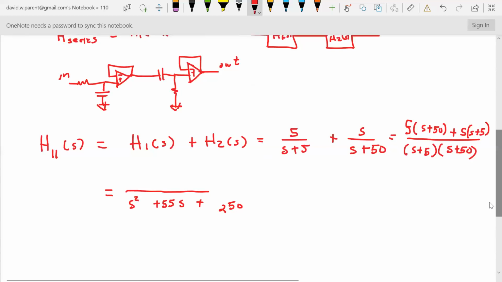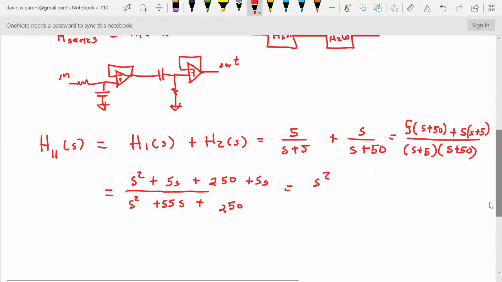I have 5S plus 250 plus S squared plus 5S.